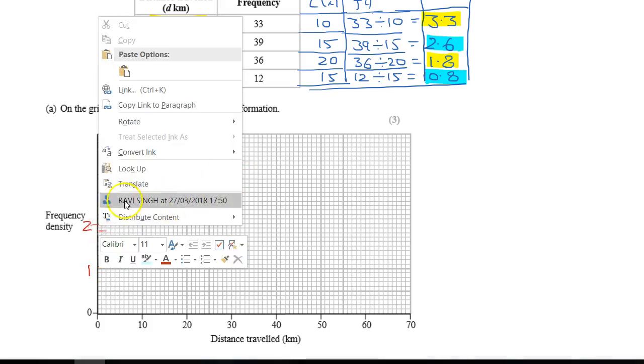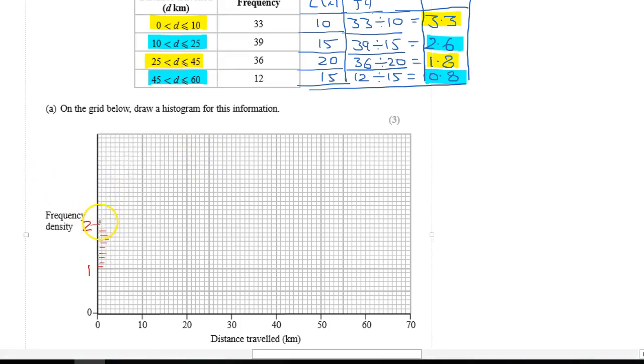And then 1, 2, 3, 4, 5, 6, 7, 8, 9, 10. This is 3, and so on.